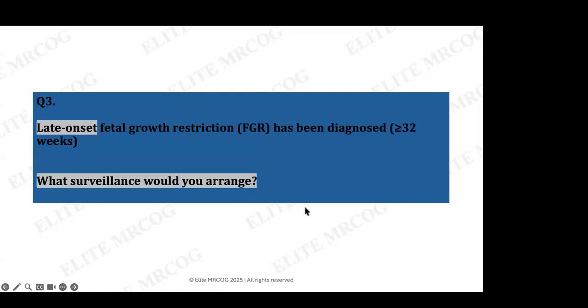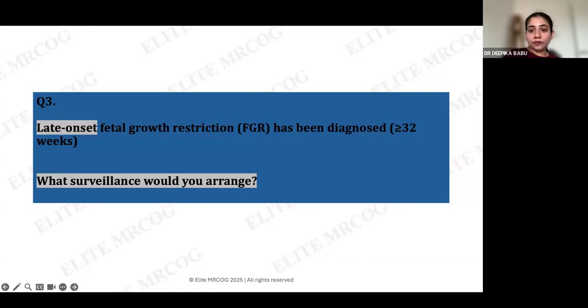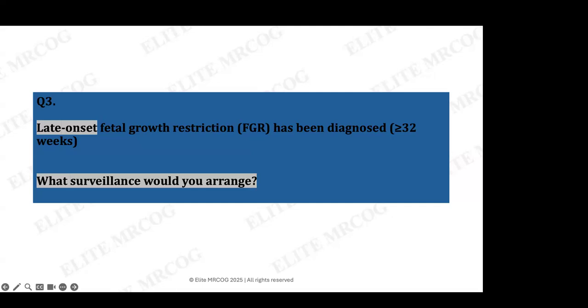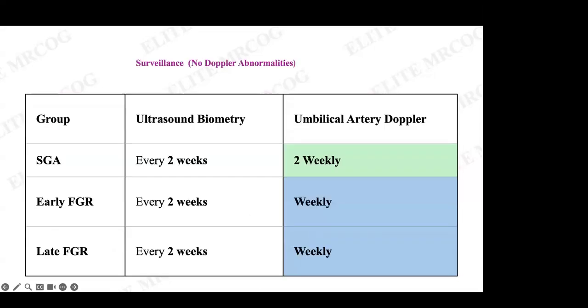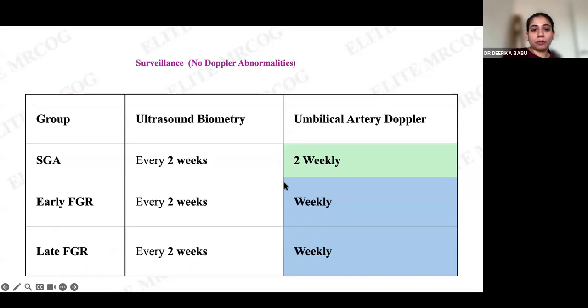Okay. Third, late onset FGR, she was diagnosed after 32 weeks, say for example, 33 or 34 weeks. And diastolic flow velocities are also present. So now what surveillance would you arrange for her? Same. Weekly Doppler, and scan every 2 weeks. Perfect. This is all you should remember.